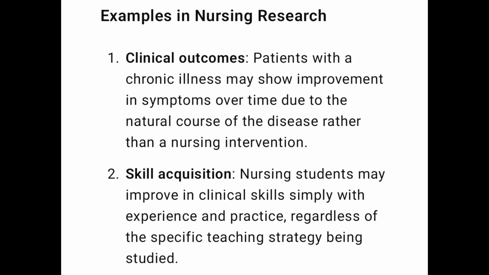So examples in nursing research. First, patients with chronic illness may show improvement in symptoms over time due to the natural course of the disease rather than a nursing intervention.